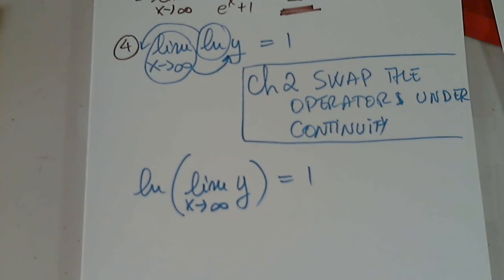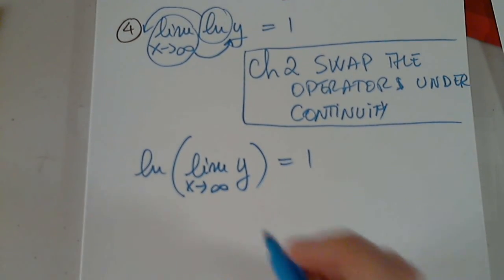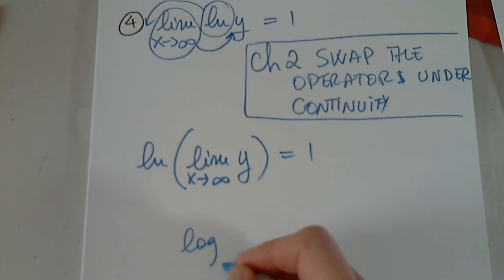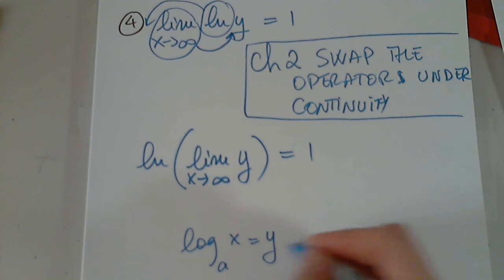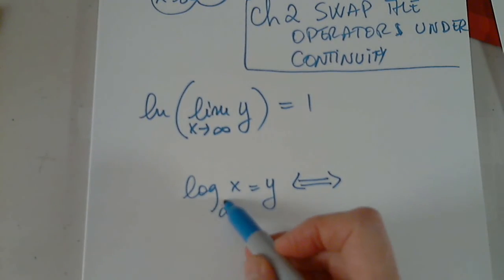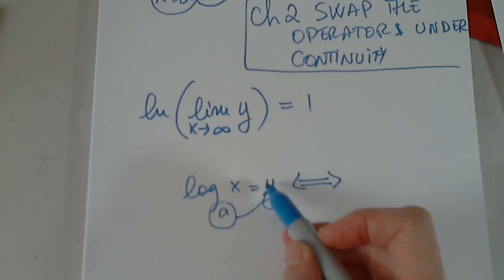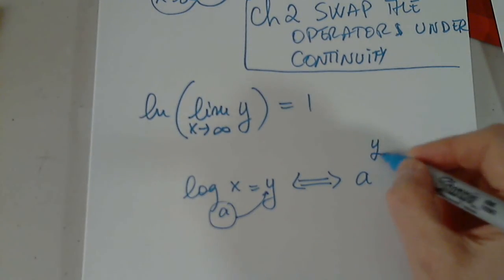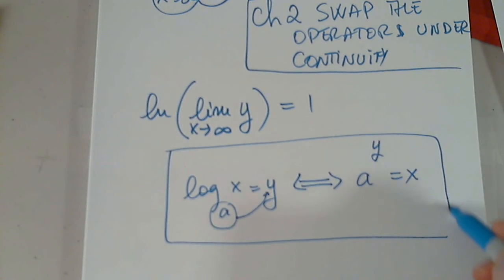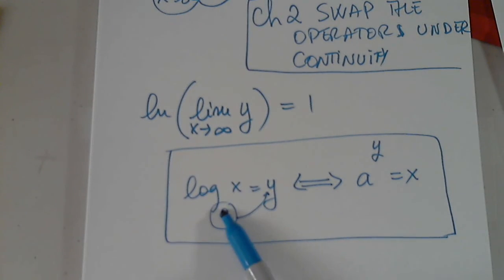But I know a very important rule that allows me to change log base a of x equals y into its equivalent exponential equation, a raised to y equals x. Very important from algebra. Any log equation can be replaced by an exponential.